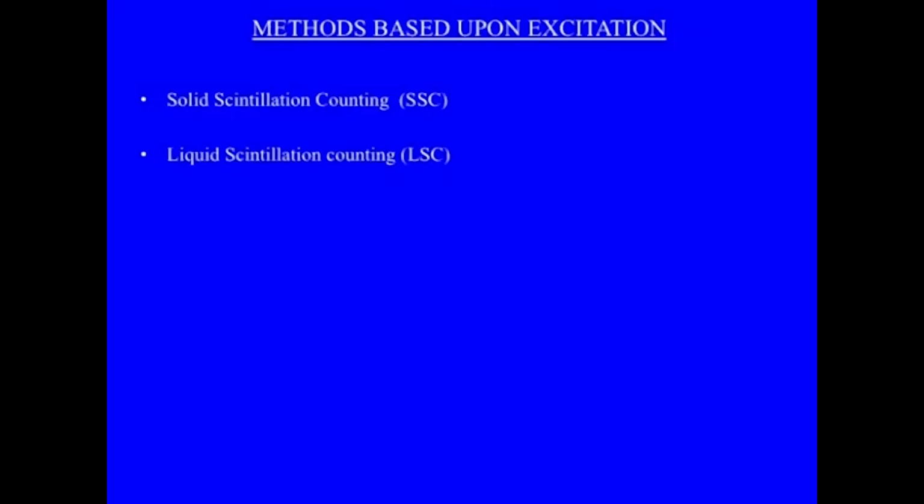All right, so let us first discuss solid scintillation counting. In solid scintillation counting, the sample is placed adjacent to a crystal of fluorescent material, like I have just shown you. The crystal normally used for gamma isotopes is sodium iodide.